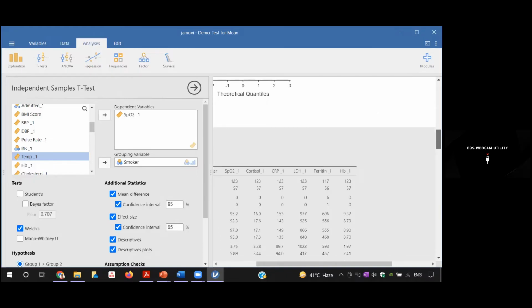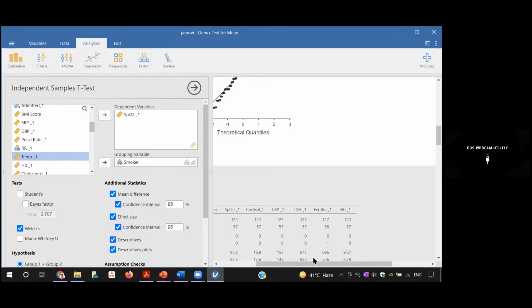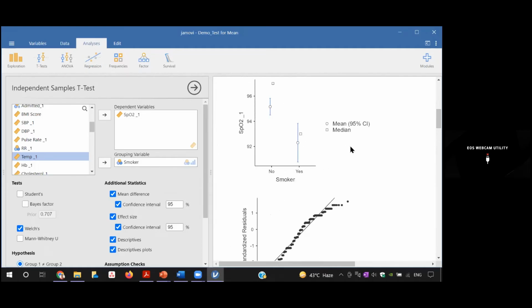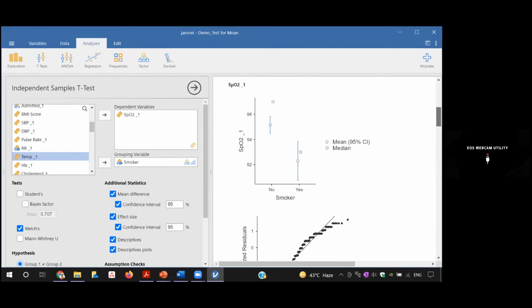So now you can see the graphs also. This is the mean. Only the SpO2 is there. So this is the mean plot. If it is highly significant, you will see that the confidence intervals of these two groups will be entirely separate. There will be no area where this value and this value coincide.